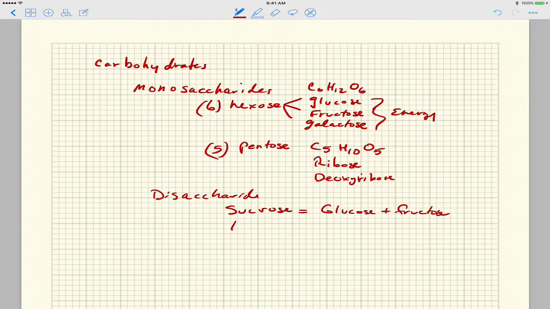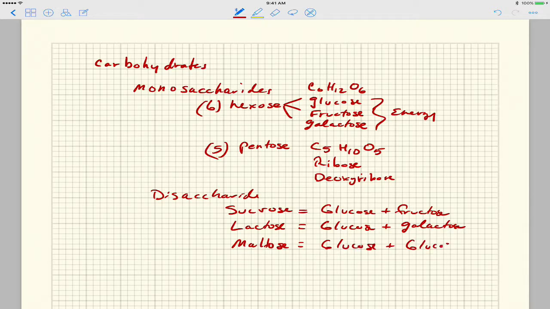Another important sugar is lactose. Lactose is also known as milk sugar. This is also a glucose, but in this case, instead of a fructose, this is dehydration synthesized with a galactose. And then finally, maltose, which is a glucose attached to another glucose.